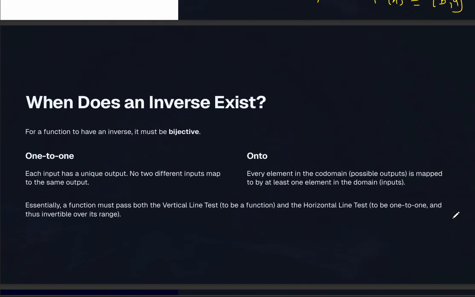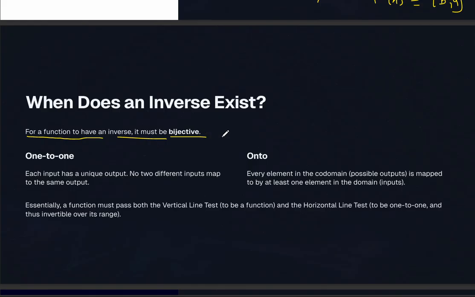Now you must be thinking, does the inverse function always exist? The answer to this question is no, it does not always exist. There are certain conditions which must be followed to find the inverse of a function, and the condition is that for a function to have an inverse it must be bijective.